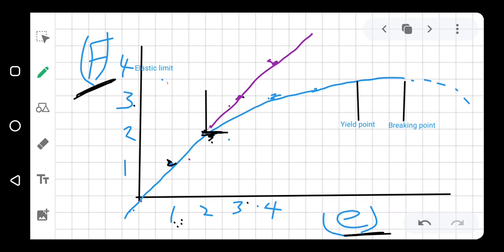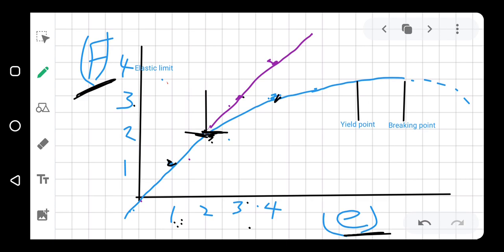It is no longer following the normal path, because 3 is supposed to go with a 3, since each force gives an equal extension. But when it reaches this point, the force applied is not producing an equal amount of extension. So it is bending. You apply a small force, which is 3, and it is producing a very big amount of extension, which is 4 at this side.